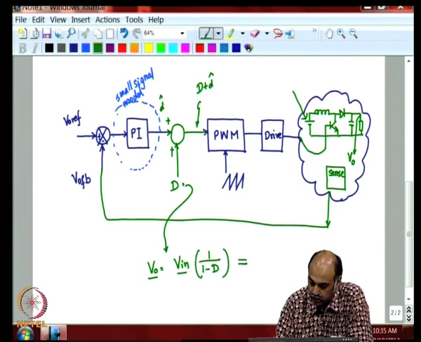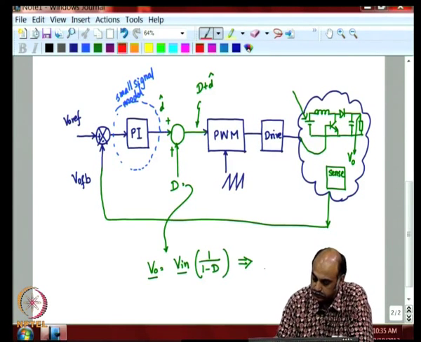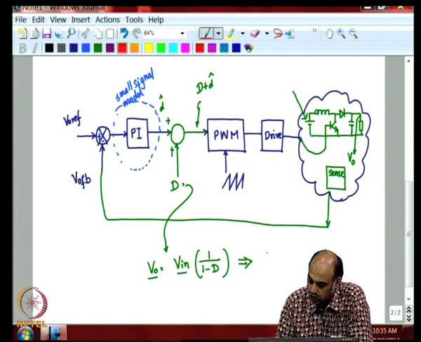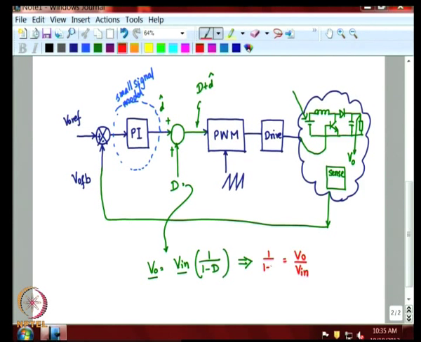So, from here we can have V naught by V in equals 1 by 1 minus D, and therefore, 1 minus D equals V in by V naught, and D is 1 minus V in by V naught.